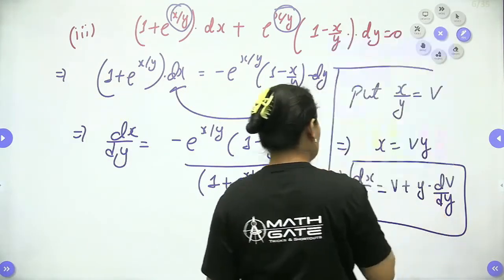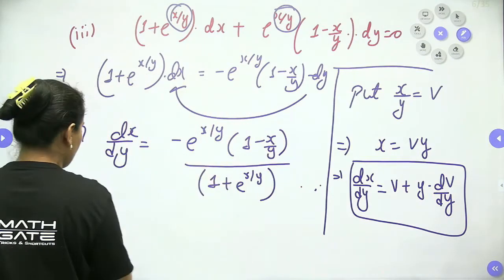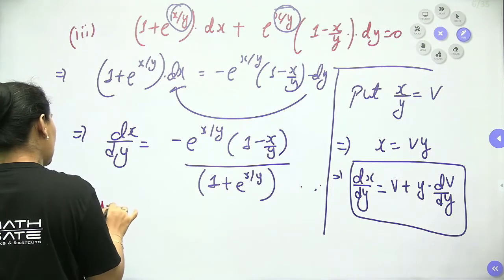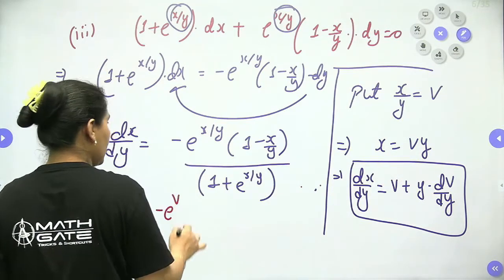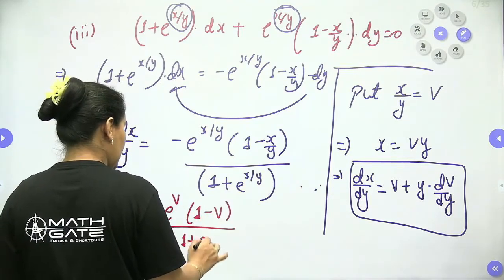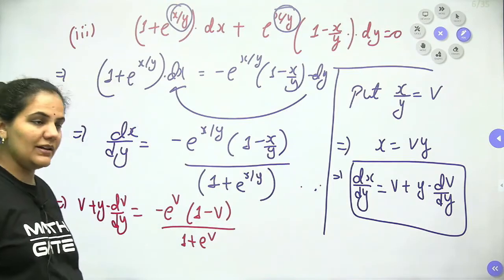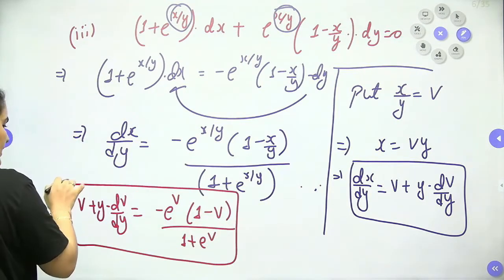So now you can substitute and put the values from here only. When you put the values, what you will get: at the place of dx by dy, it will be v plus y dv by dy, equals minus e to the power v (1 minus v) divided by 1 plus e to the power v only, right? Now let's approach it in a simpler manner.